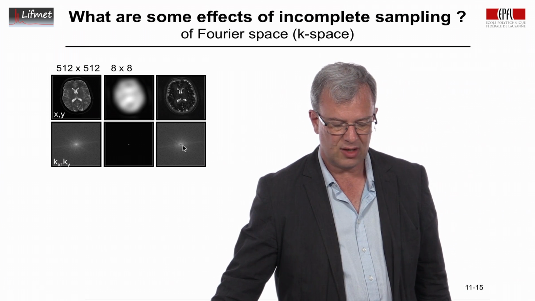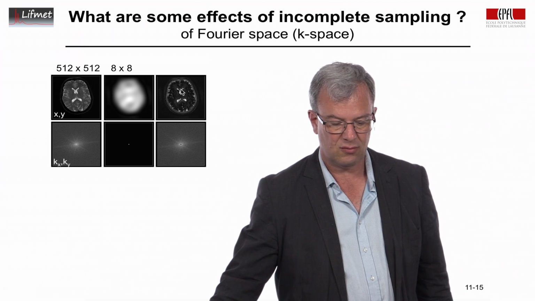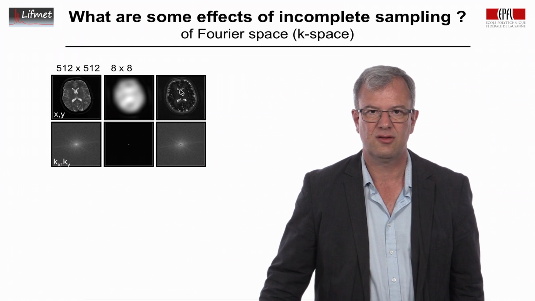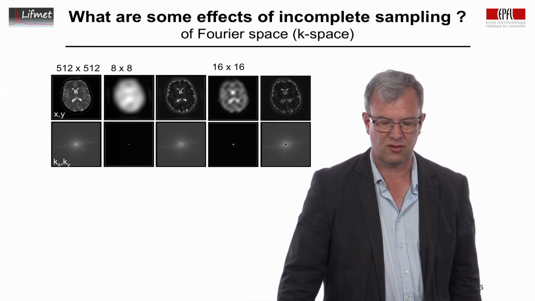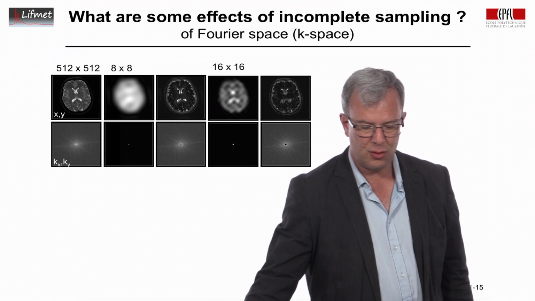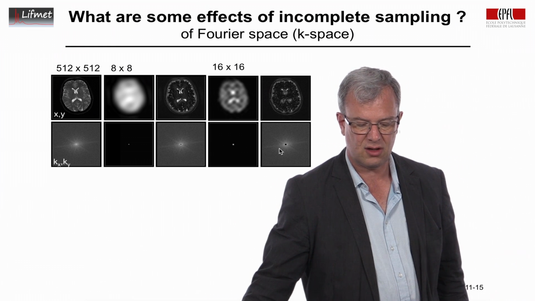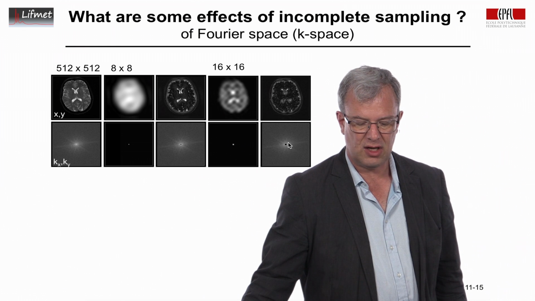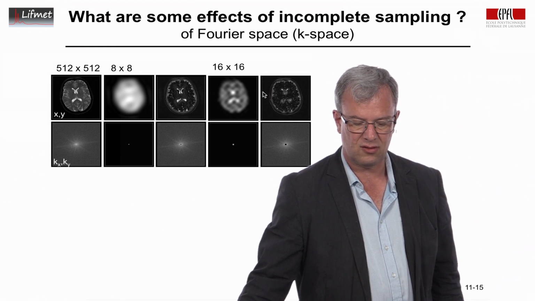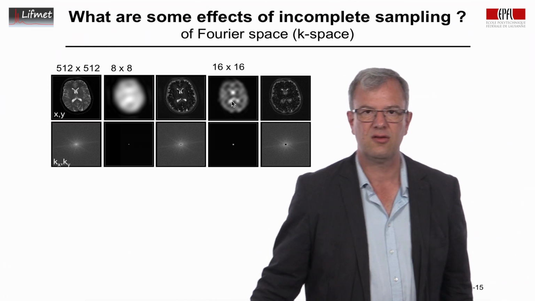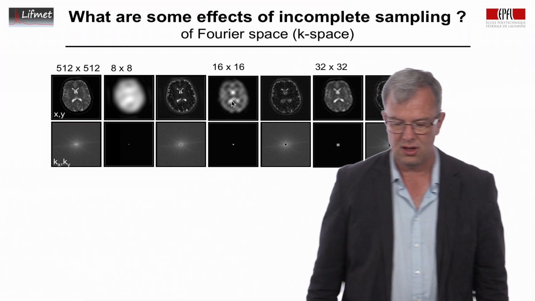If we eliminate those central 8 points, we get more or less the sharper features of the object. We do the same thing with just the first 16 points at the center, and here we eliminate the central 16 by 16 points, and we're starting to see the edges, and here we're starting to see some of the structure.